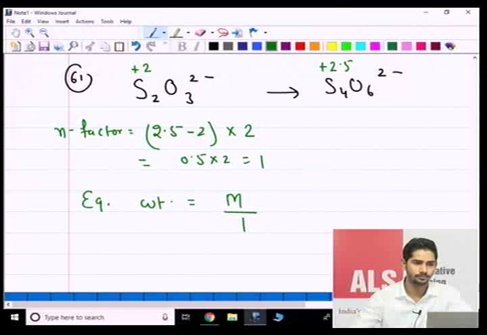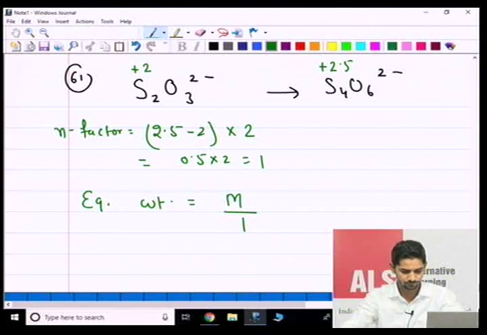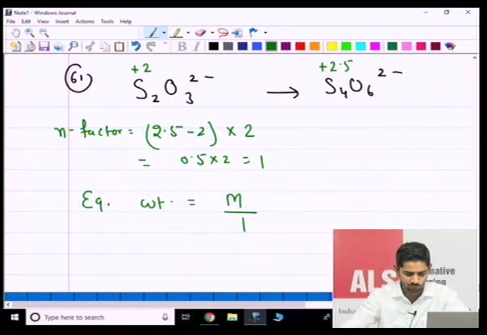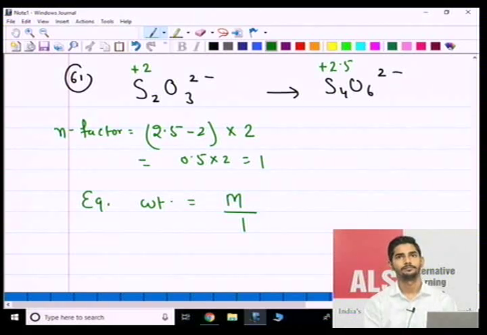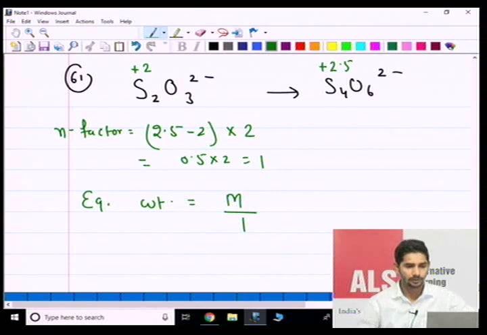Yes, sure. Copy. Okay, 1 second. Copied? Okay.